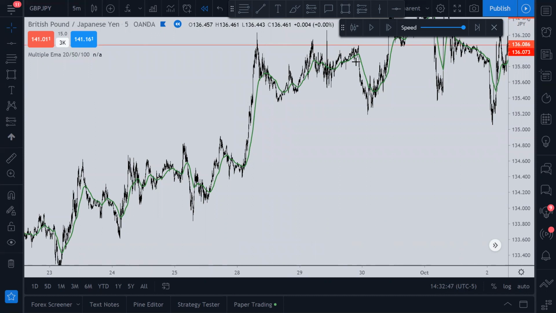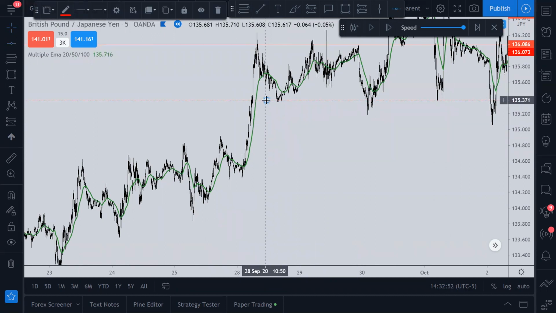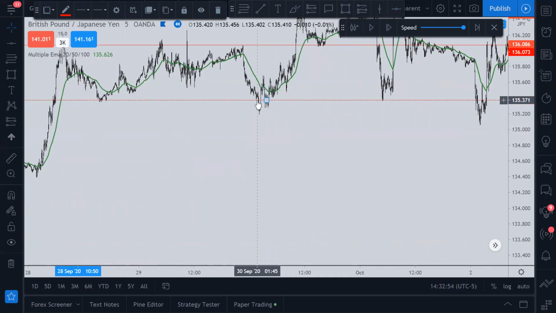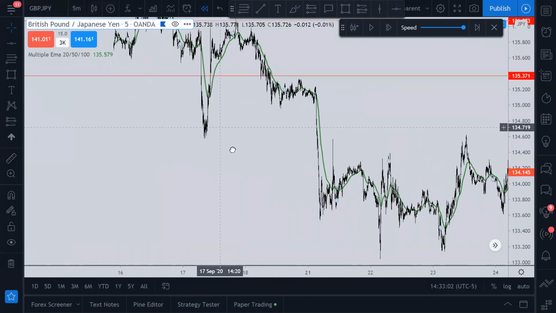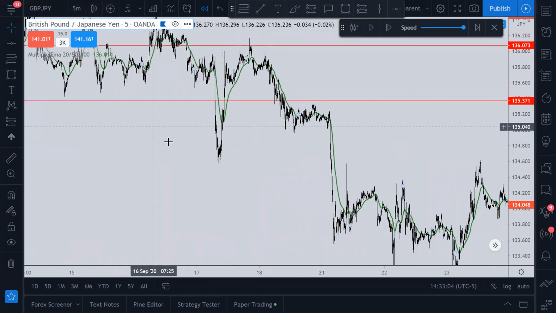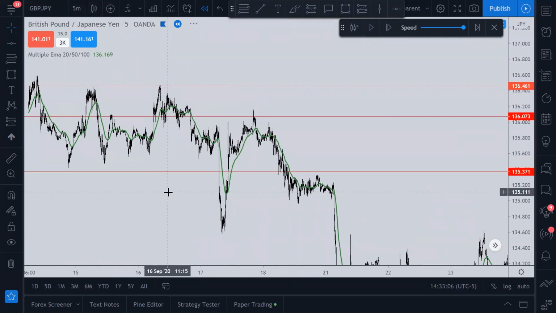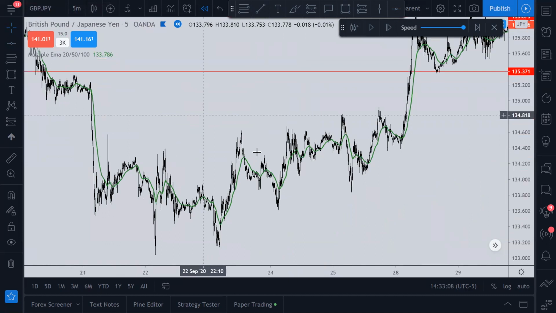I see something over here. I'm not sure if this looks like a good enough area. This one here, I see support. Maybe this one makes sense, maybe not. I don't know. I might be missing that area.